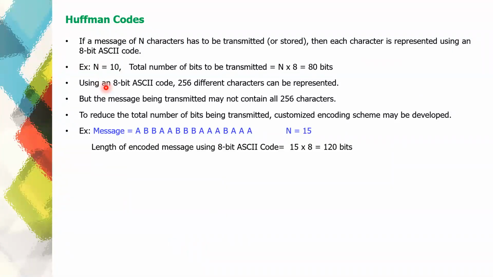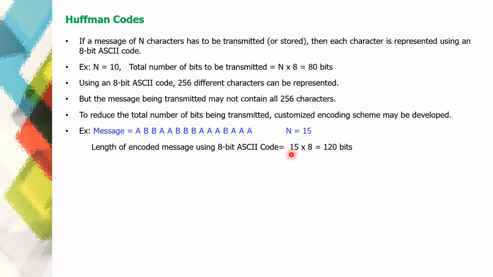Now, say for example, consider this message whose length is 15. It has 15 characters. Now, if I have to encode these 15 characters using 8-bit ASCII code, each character has to be represented using an 8-bit ASCII code.